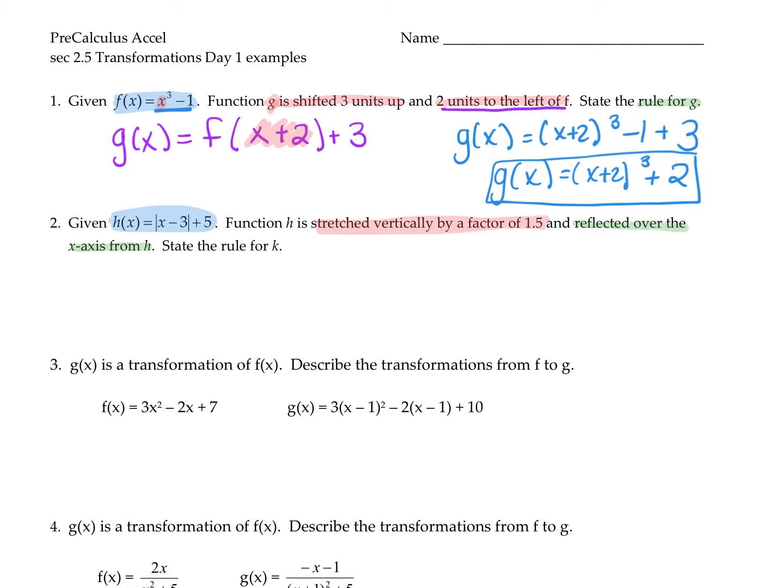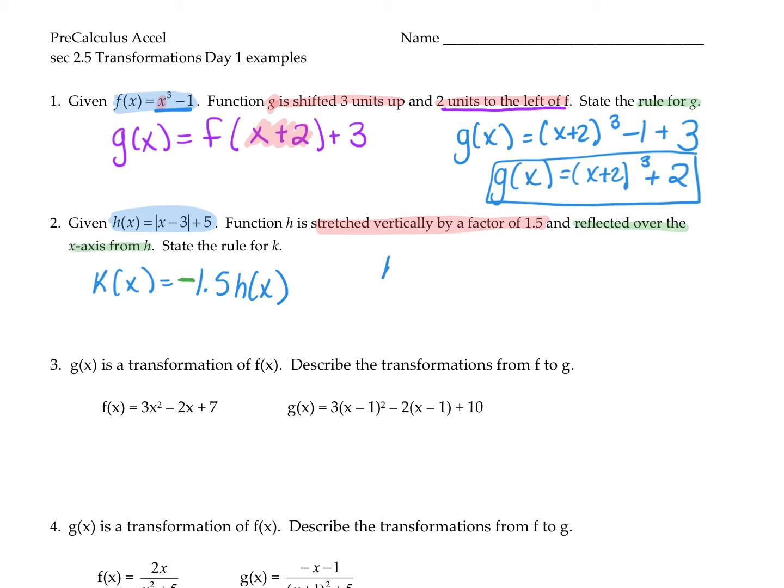So k, well, stretch vertically means I'm multiplying h by 1.5, because a vertical stretch would always go in front of the function, multiplied by the function. And because of the reflection, it's actually going to be a negative 1.5, because a negative in front reflects over the x-axis.